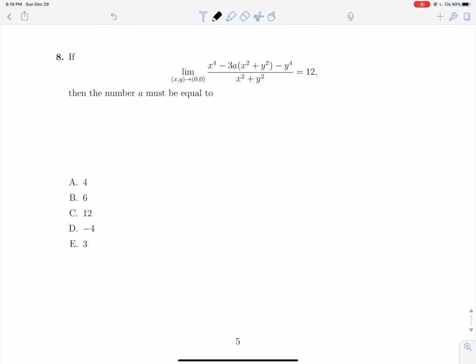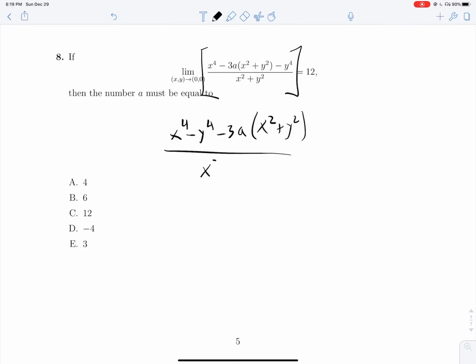Instead, you might be able to see, we're going to have to do some factoring. So we can rewrite this limit, I almost said integrand, it's not an integrand, but you know what I mean, the expression in here as x to the fourth minus y to the fourth minus 3a times x squared plus y squared, all over x squared plus y squared. And very nicely, this first part is going to factor to x squared minus y squared times x squared plus y squared.